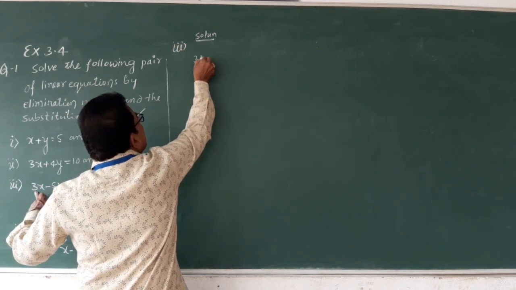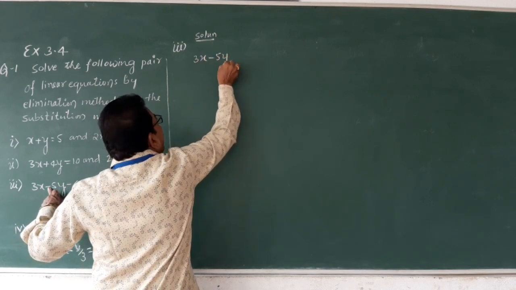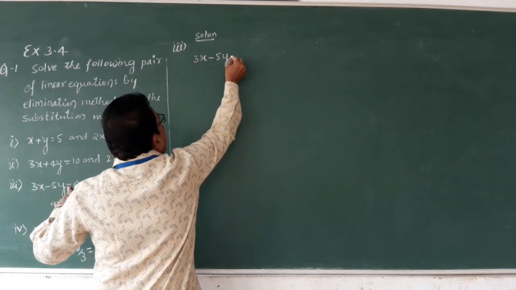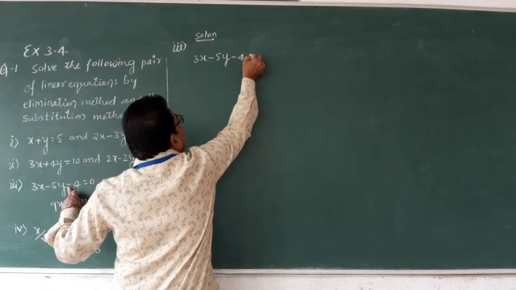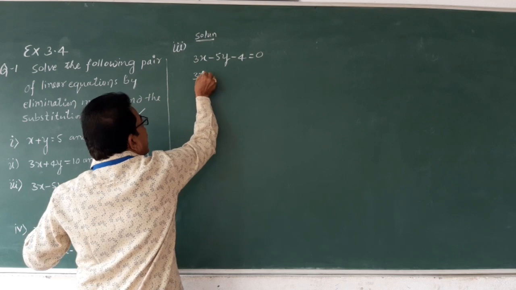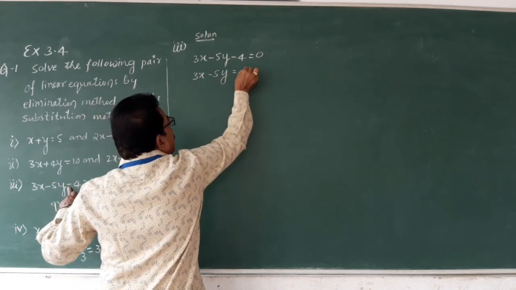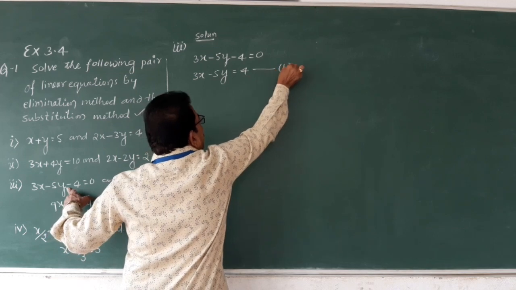3x minus 5y minus 4 equals 0. Therefore 3x minus 5y equals 4. Equation 1.